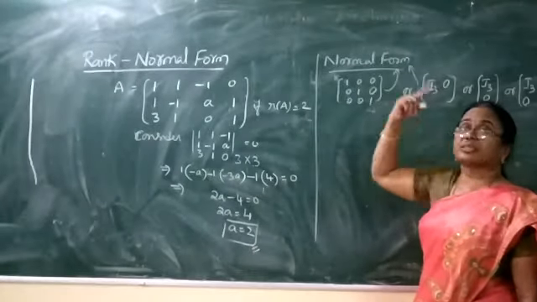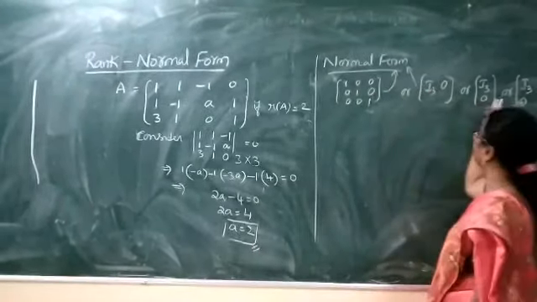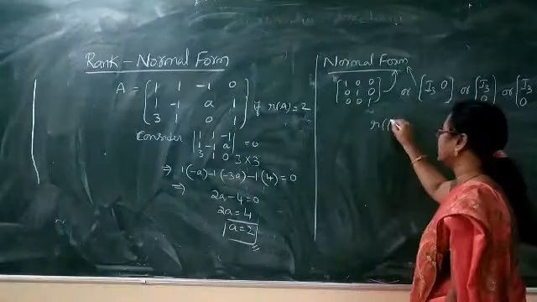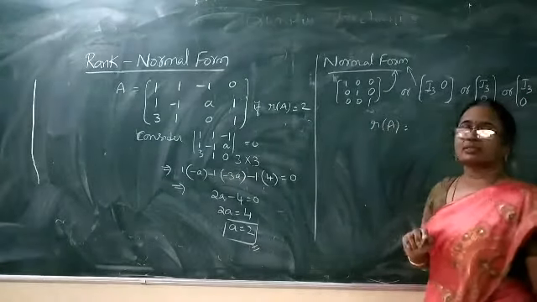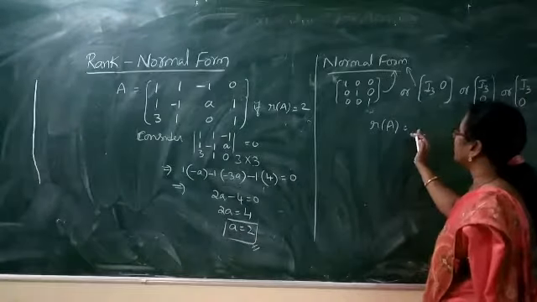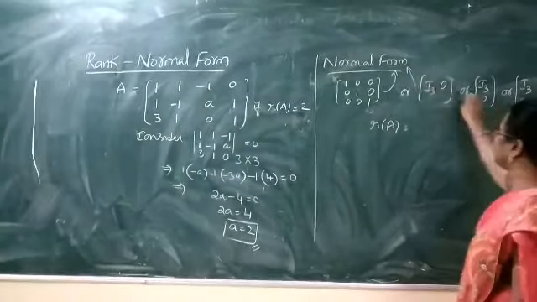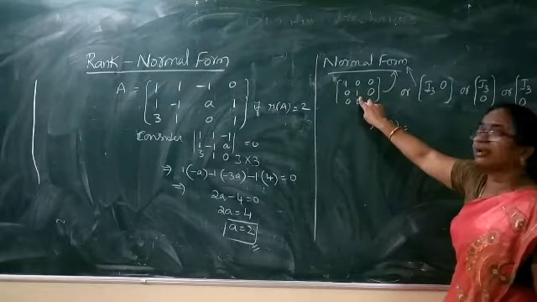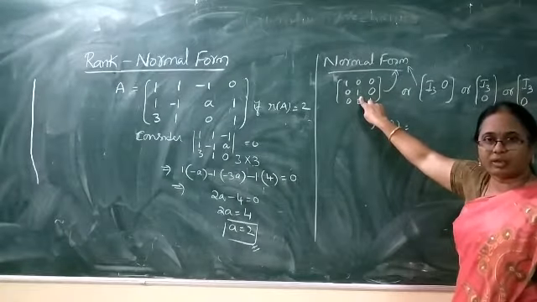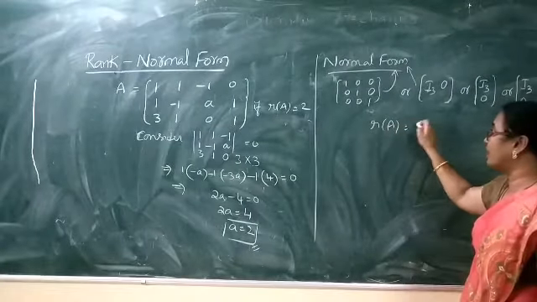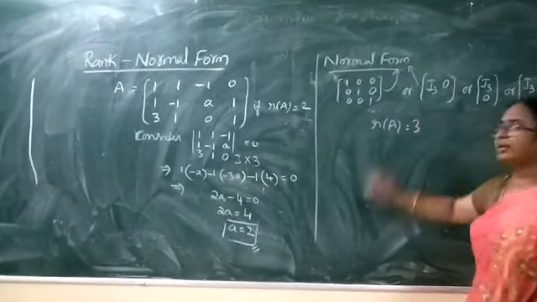Once the given matrix is reduced to one of these normal forms, to calculate the rank of the matrix, the rule we apply is, we find the order of the identity matrix involved in the normal form. Because in each of these normal forms, the identity matrix involved is I3, its order is 3. So we say that for the given matrix, the rank of the matrix is 3.